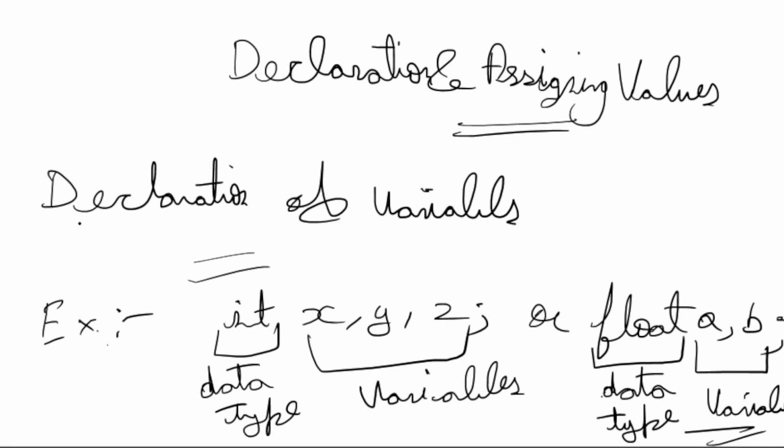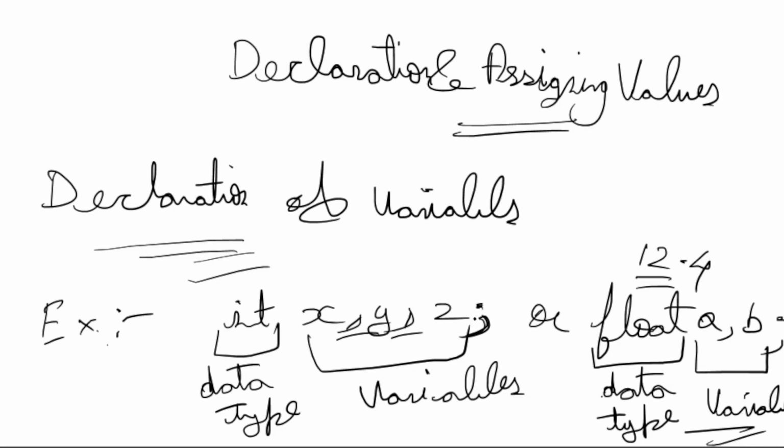So you understand the declaration of variables. I am declaring x, y, z with the int data type, or declaring variables in float. Float will take data like 12.4, this kind of point data. And one more thing: variables are always separated by commas, like x comma y comma z, and I am ending the declaration with a semicolon.